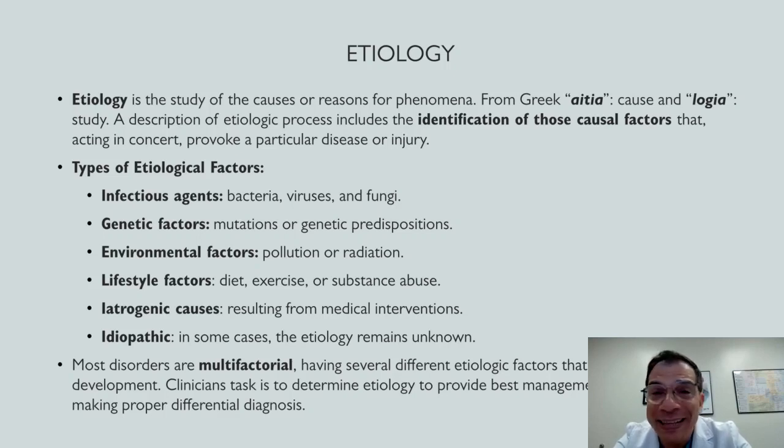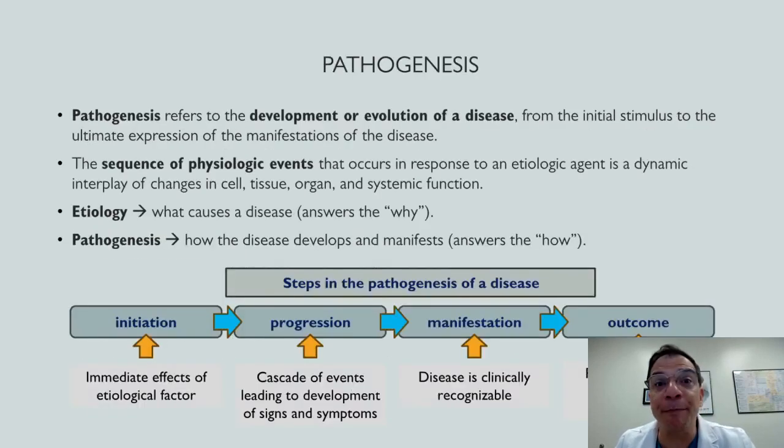Now, many diseases and conditions don't have a single causative factor or a single etiology, so we say they are multifactorial. There has to be a combination of different causative factors acting together in order for the disease to appear. We can continue dividing these factors more deeply, but we are not going to enter into more complications here.